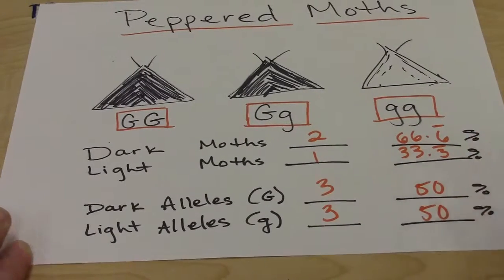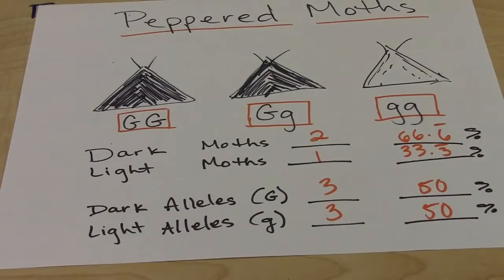So 50% of the alleles are recessive and 50% of the alleles are dominant. So it's important for this activity to be sure that we're not only looking at phenotype, but that we're also looking at genotype.